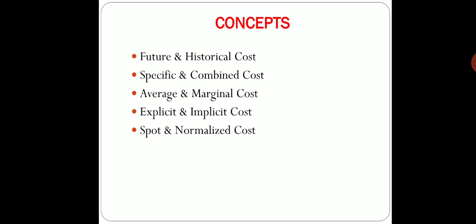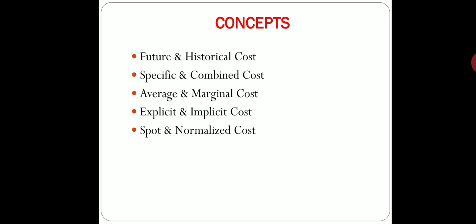Then the next point is concepts of cost of capital. Now in the concepts we are going to have the different kinds of cost that the company is going to bear, and they are of 5 types. The first one is future cost and historical cost.